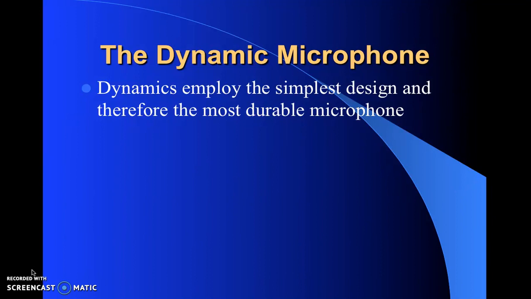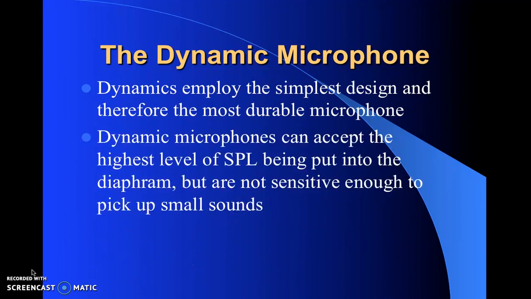Dynamic mics are your typical handheld mic that you see at concerts, things like that. They might have a cylindrical body that the musician holds with a ball on the top. That is 9 times out of 10 a dynamic microphone, just to give you a visual of what it might look like.